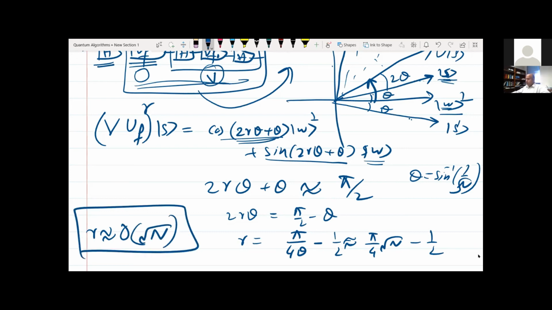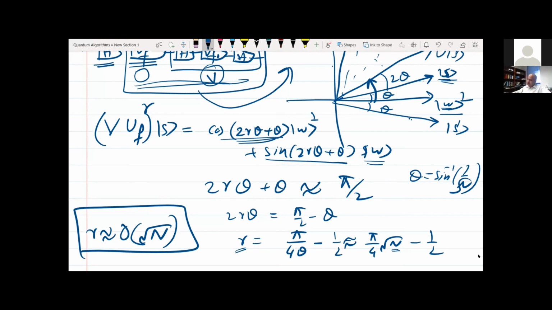So if my n is a million, then I only need 1,000 repetitions, 1,000 R, to find the solution. Whereas classically, I needed to access the database about 1,000,000 times if my n is a million. So if I had a million elements in the database, classically I need to access my database about 1,000,000 times.